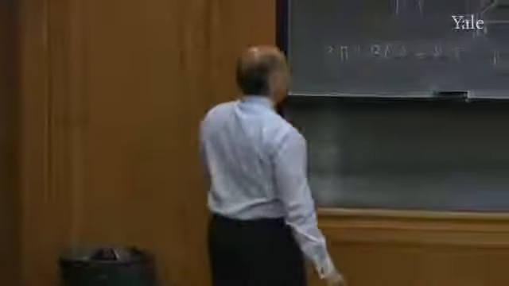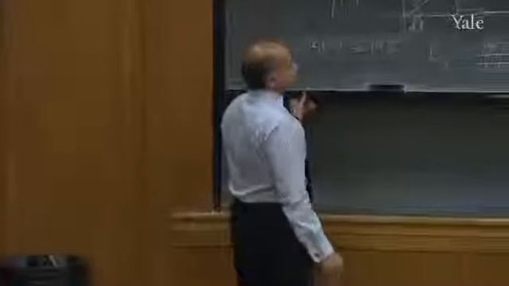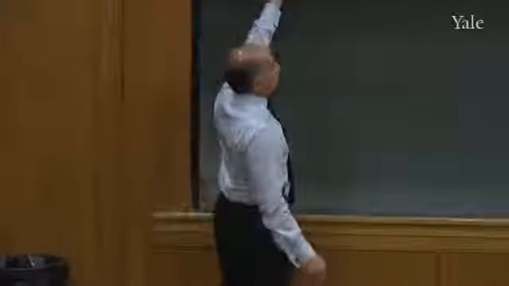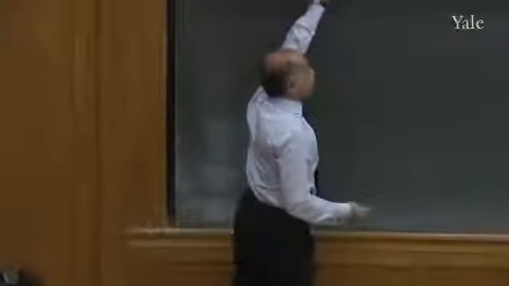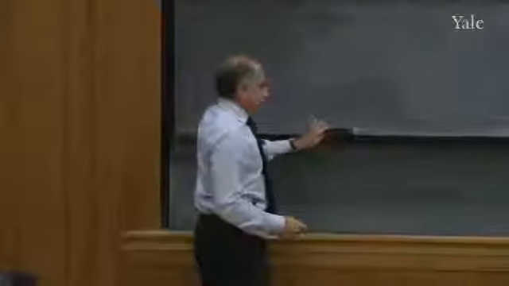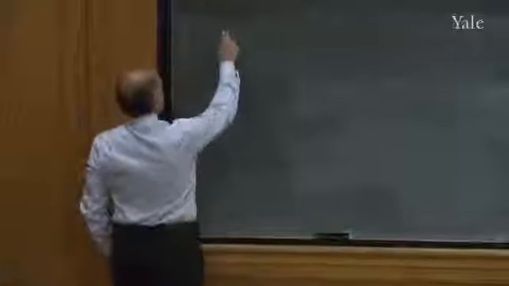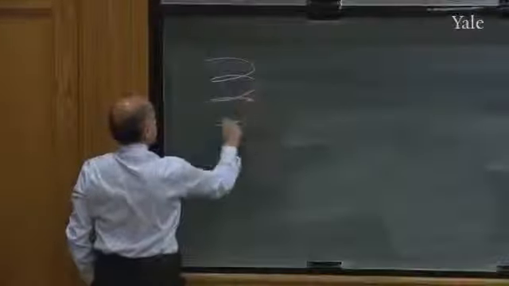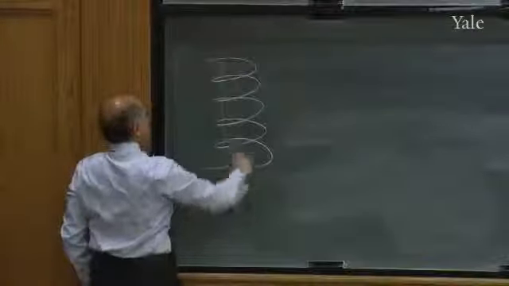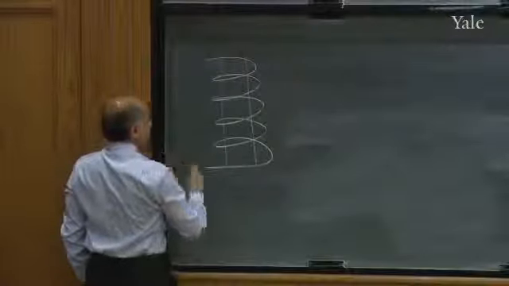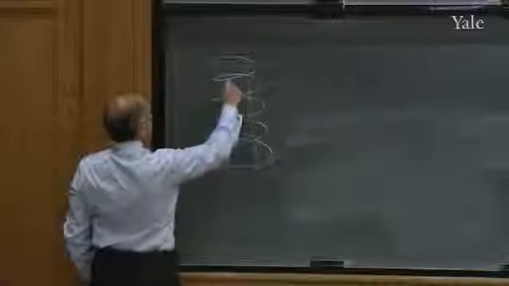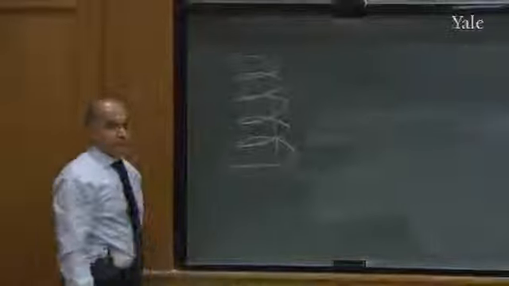But now I want to consider two new problems which I didn't study last time. The first one is going to be very important, the solenoid. So imagine on a tube, you wrap some wire, and the wire is wrapped like this many, many times.